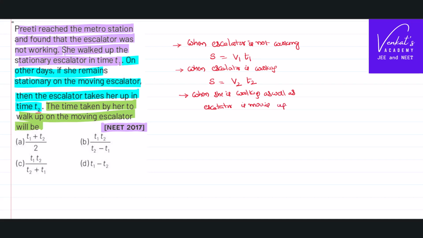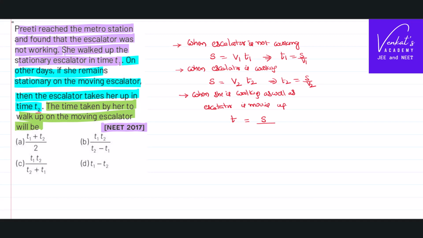So in the first case, the time which is given I can write as S by V1. Second case, time t2 as S by V2. The third case, time t, we have to find out, as still she is covering the same distance. Her destination is the same on each day.